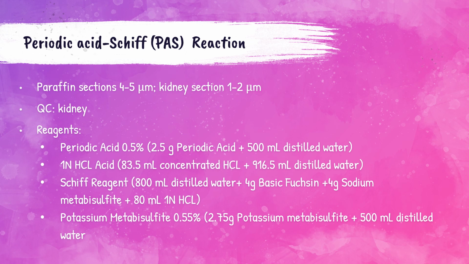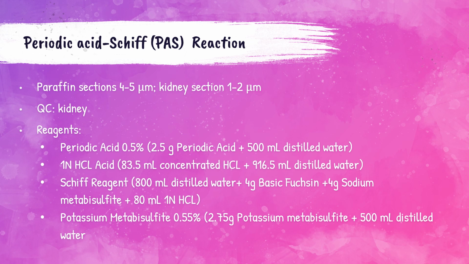The 0.5% periodic acid is created by combining 2.5 grams periodic acid with 500 milliliters of distilled water. The 1 normal hydrochloric acid is created by combining 83.5 milliliters of concentrated hydrochloric acid with 916.5 milliliters of distilled water.